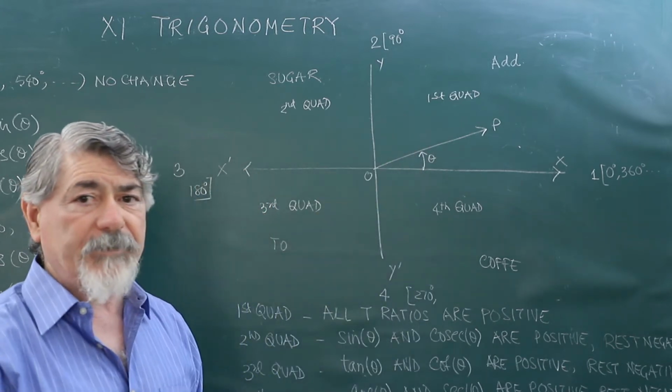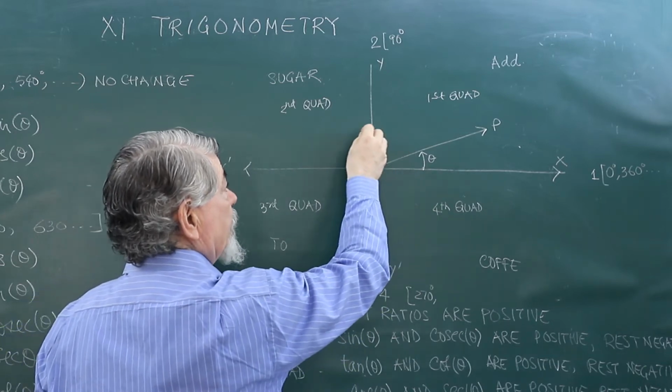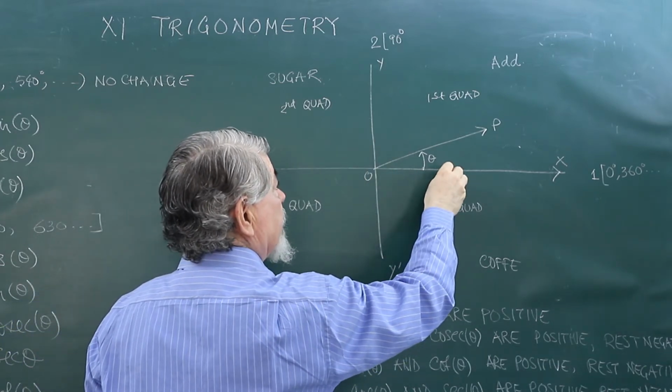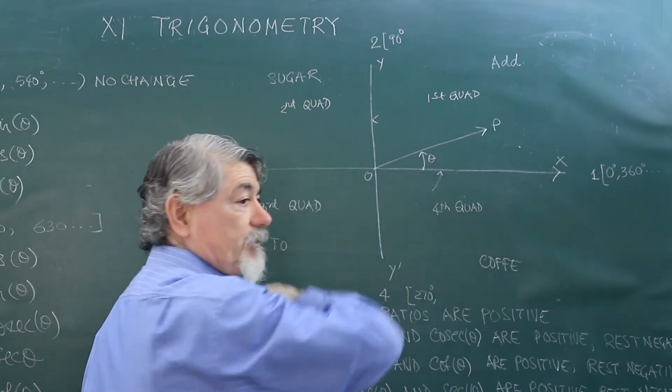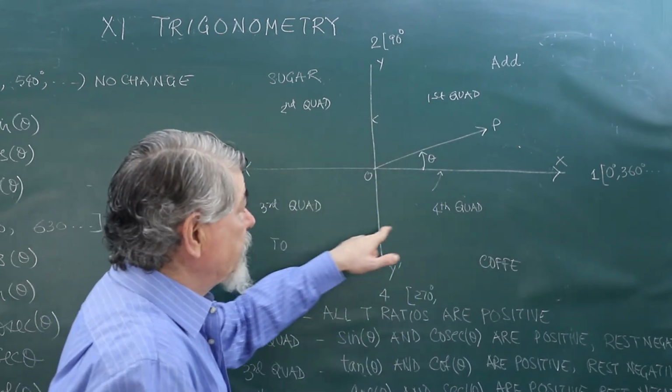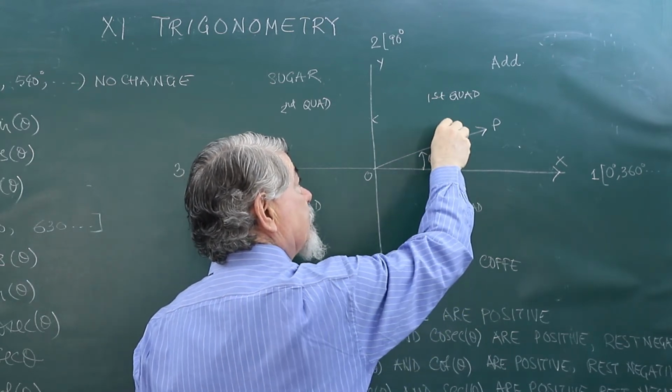First quadrant does not mean only 0 to 90. This line will come around again here, past 360, and between 360 and 450 it is again the first quadrant, and then it repeats again, 2 rounds, then 2 into 360, and so on.